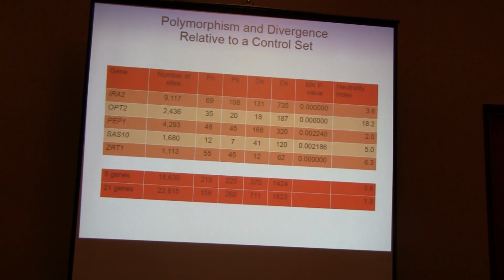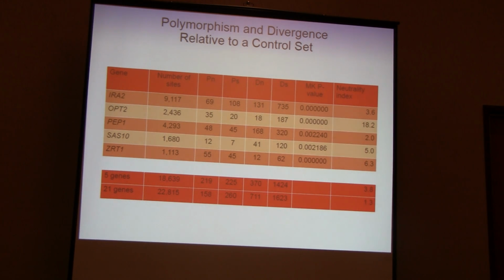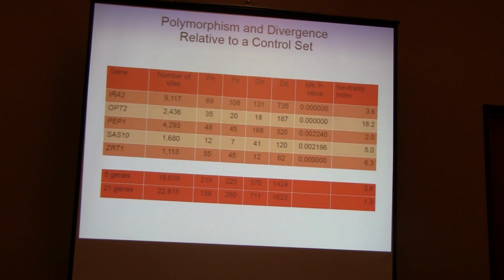As a control, we randomly selected 21 genes and tabulated non-synonymous and synonymous variation within and between species. And this also has a neutrality index greater than 1, which indicates an excess of non-synonymous SNPs, but it's much lower than these 5 genes.